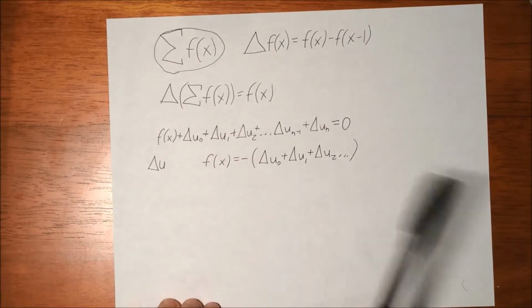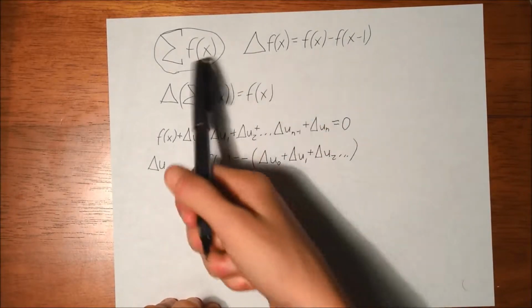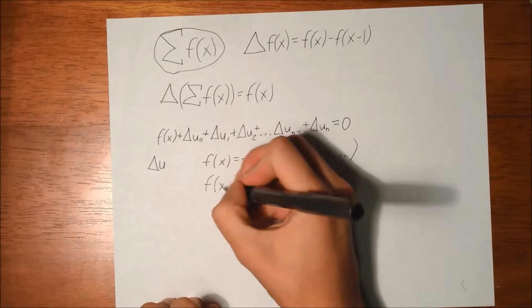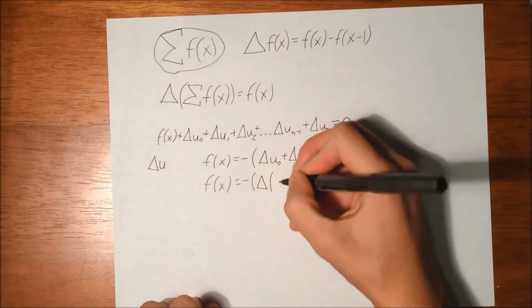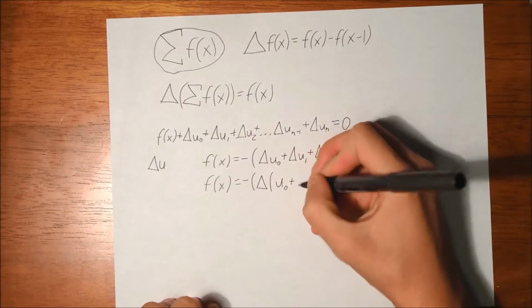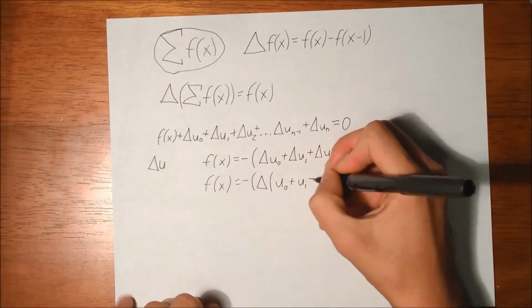Now, because of how summation works, this is going to be the delta of the addition of all these u's.